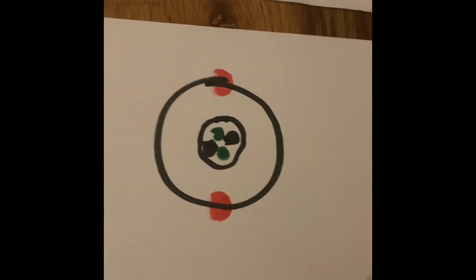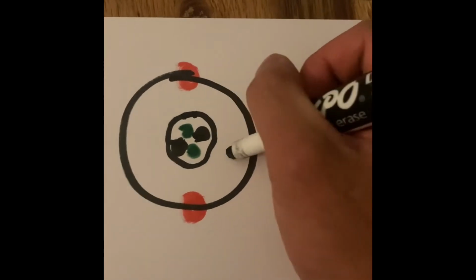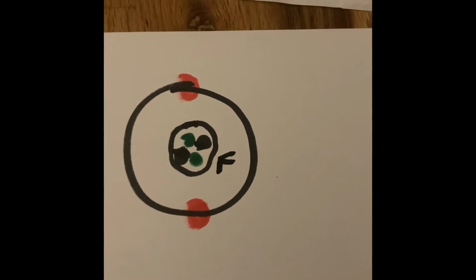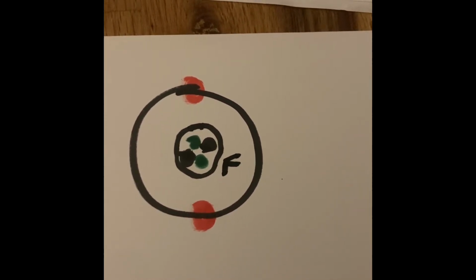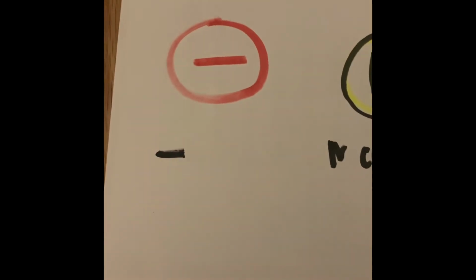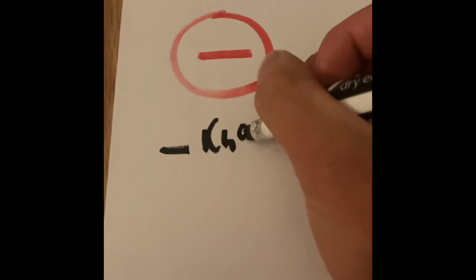So there is one subatomic particle that is not stuck inside the nucleus. And this one is called an electron. Electrons are the energy source for the atom, and they have a negative charge.